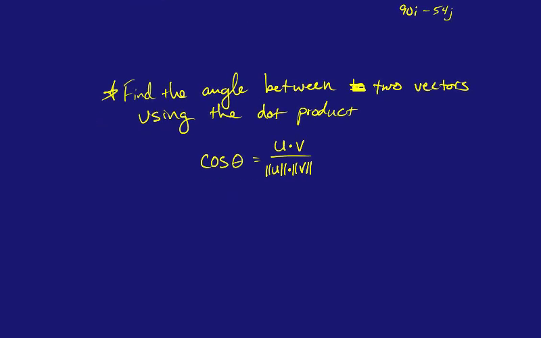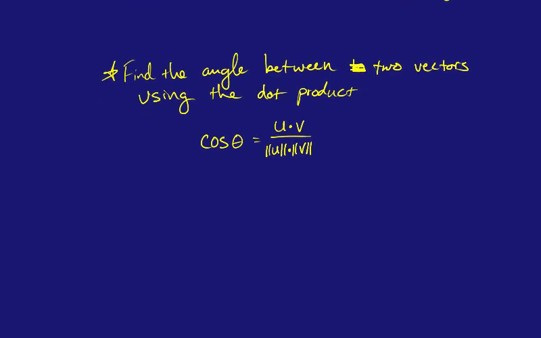So let's just say that you have vector u is, let's go with 3, 4. And let's say vector v, let's keep the numbers nice, 5, -12. And you've got to find the angle between those two vectors.